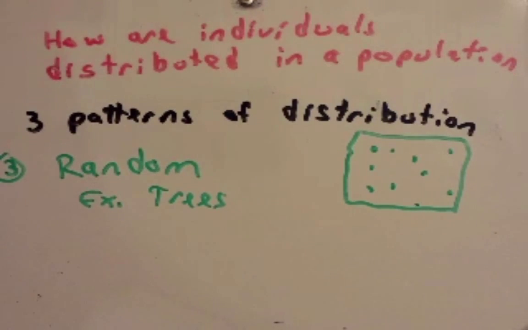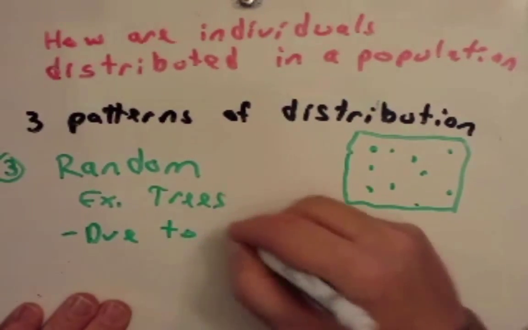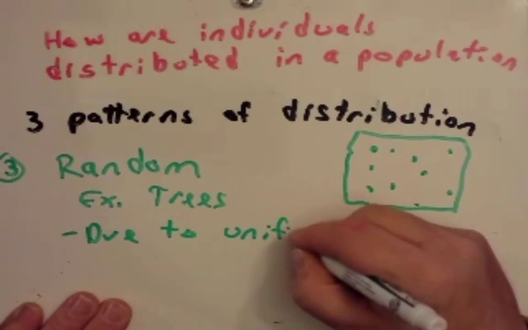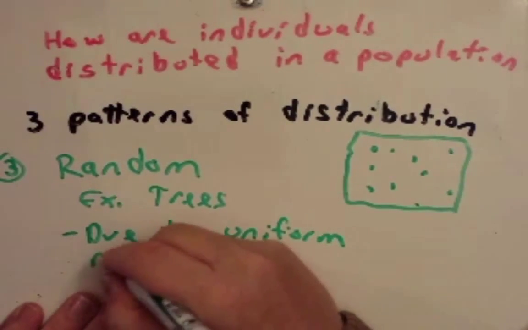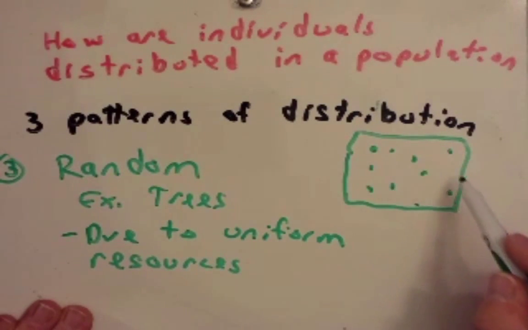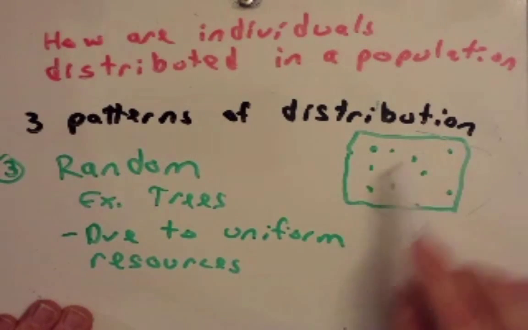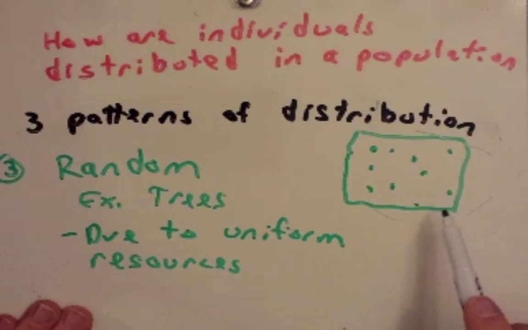This is usually due to uniform resources. Meaning that the amount of water, the amount of nutrients in the soil, in this example of trees here, is uniform within this space. And so there's no competition for spaces. There's no need for interactions.